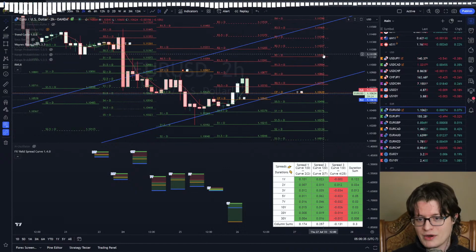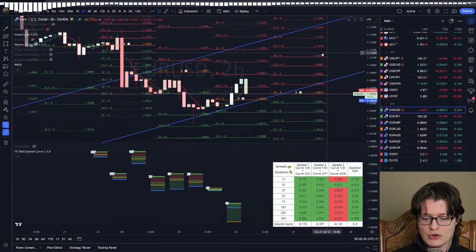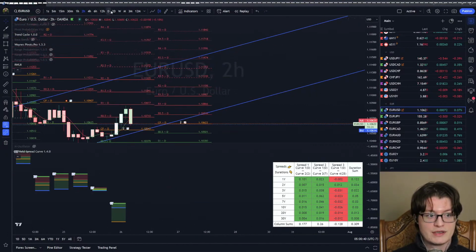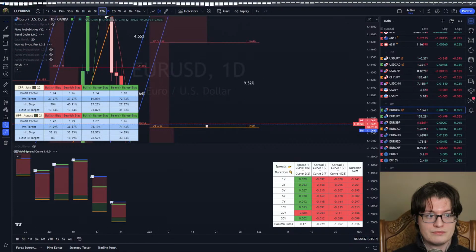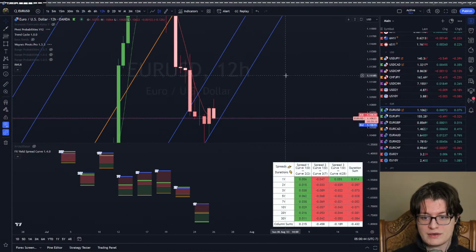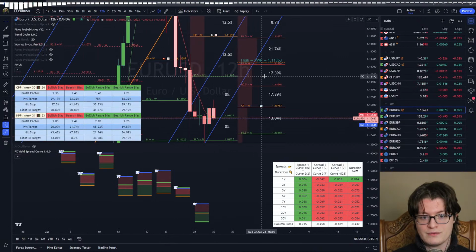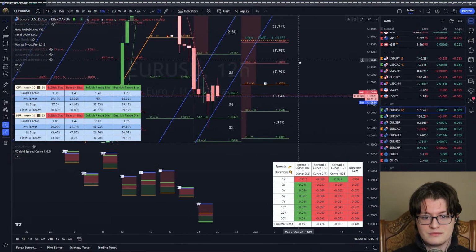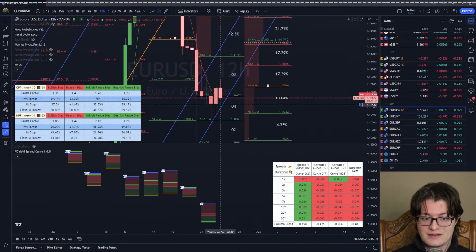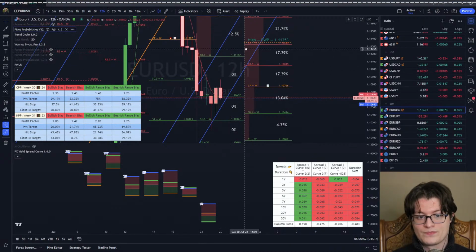One more time above 111 is my expectation, not this week, but sometime next week, reaching above 111.